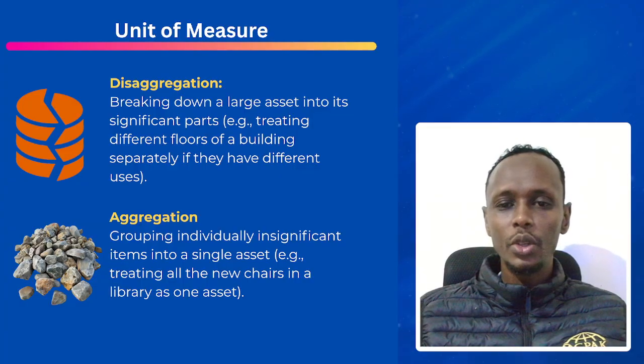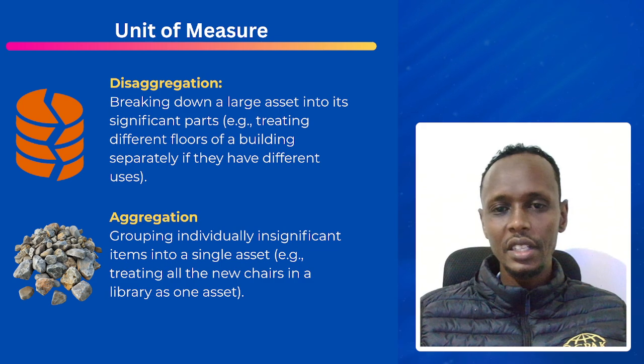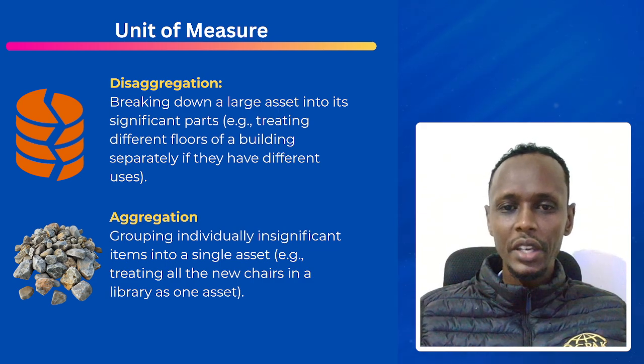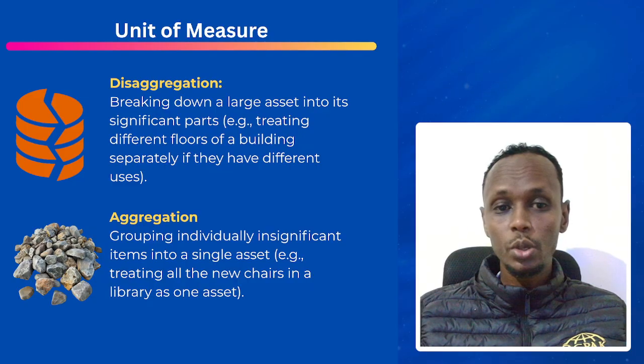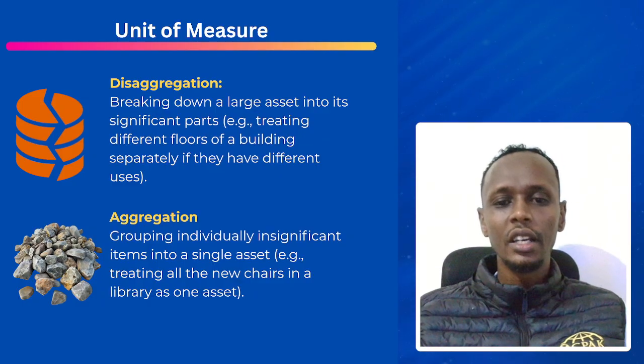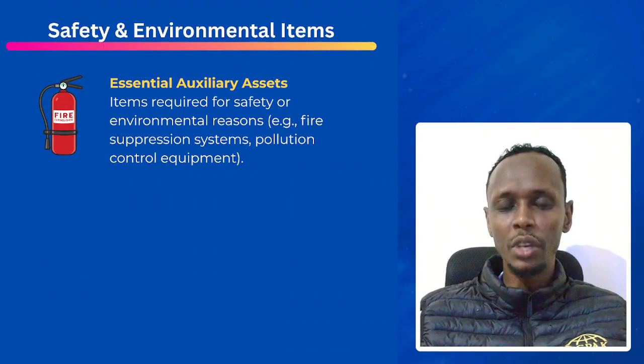Some of them you may find that it is a long-term asset, it is PPE, but when they are insignificant on their own, a chair on its own, this IPSAS also guides us that you group them together, you aggregate them together, and they form one unit of measure.